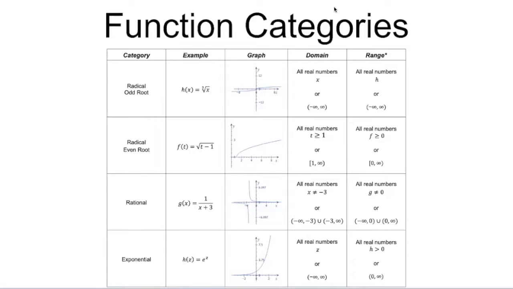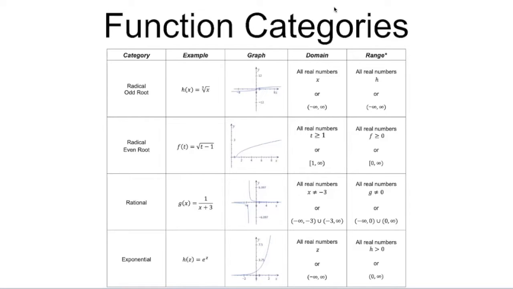The way we write that in interval notation is we use the rounded parentheses because the -3 is not included. We use the union, the right side up letter U, in between, to say that it's all values that are less than -3 or all values that are greater than -3. And that's how that reads for this function.